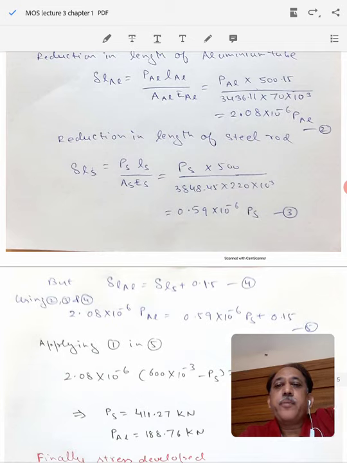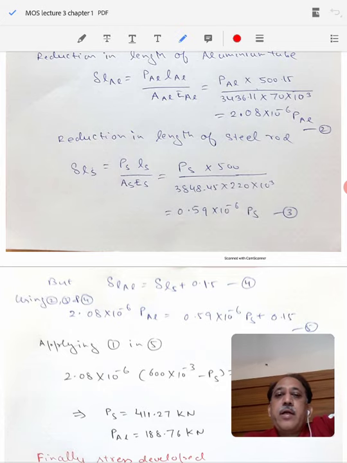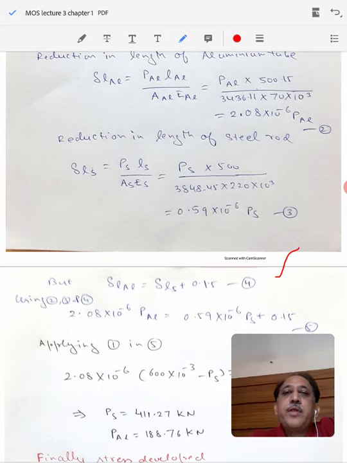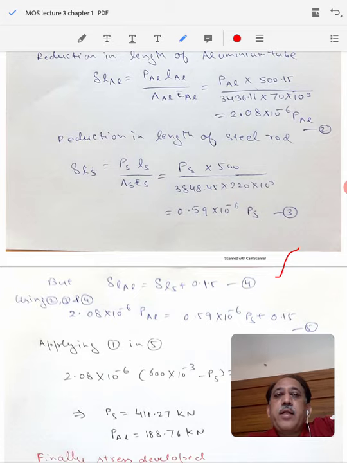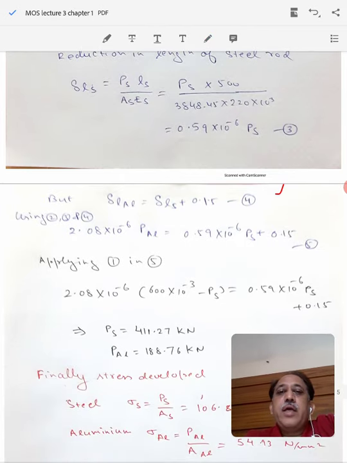Now we will take advantage of the deformation knowledge that we have. We know that the total deformation of the aluminum tube will be 0.15 millimeter more in comparison to the steel rod's final deformation. So delta L_AL will be equal to delta L_S plus 0.15. So we will substitute equations 2 and 3 in equation 4, and finally we will get another equation in terms of P_AL and P_S.